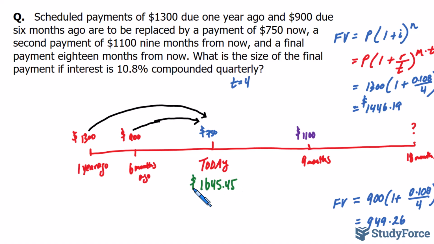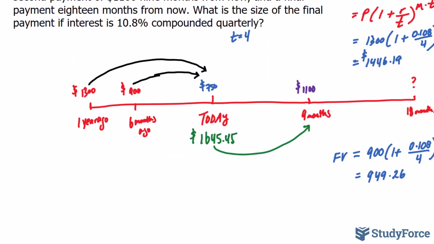The next step is to find the future value of $1,645.45 9 months from today, and then subtract from it $1,100. So let's find another future value. And our principal now is 1645.45. The stuff within the parentheses stays the same.